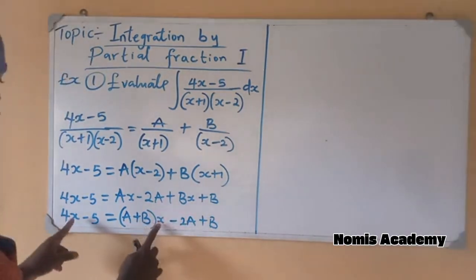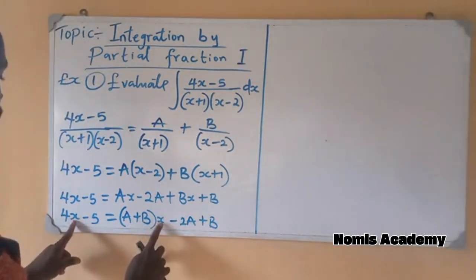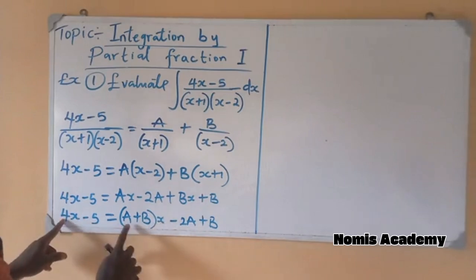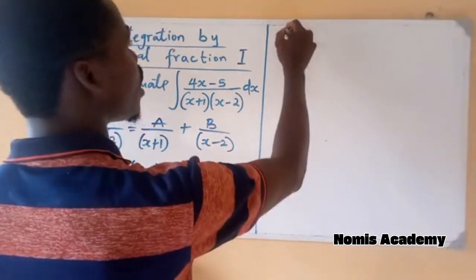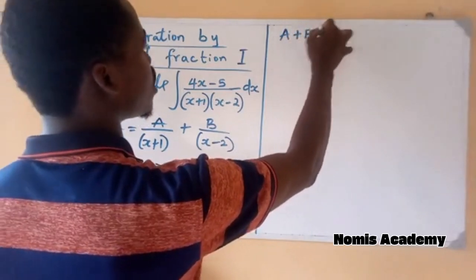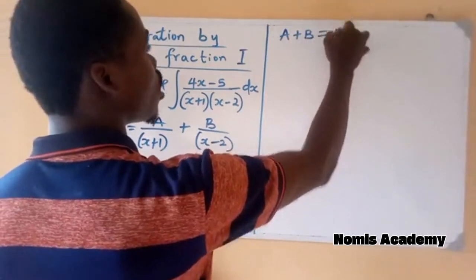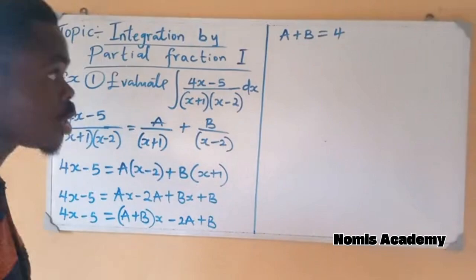The coefficient of x here is 4, so 4 is equal to A + B. So we write on the other side, A + B = 4. That is when you compare the coefficients.